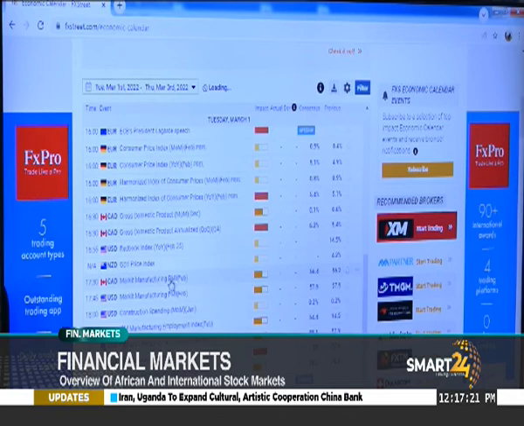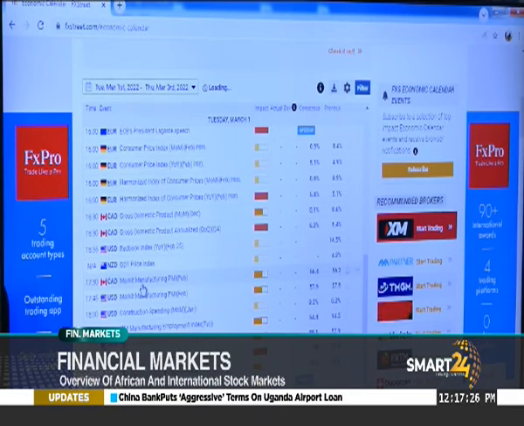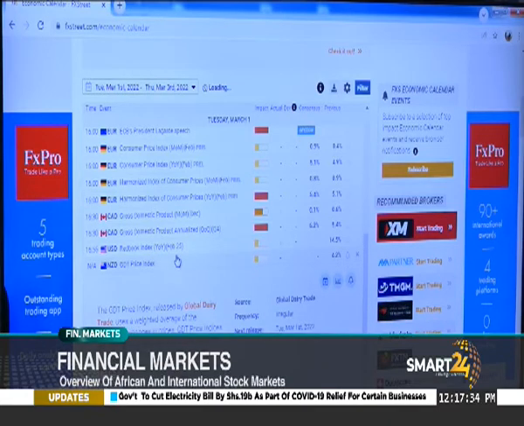Then at 5:30, there will be the manufacturing PMI. There is also this event affecting the New Zealand dollar, which is the GDT price index. It is the global dairy trade.